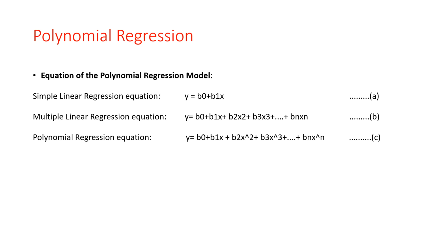The simple and multiple linear equations are polynomial equations with a single degree, but in the polynomial regression equation we have second degree, third degree up to n number of degrees. So polynomial regression is a linear equation with nth degree. If we add degrees to our linear equation, it is converted into a polynomial linear equation. So this is the concept of polynomial regression. Thank you.